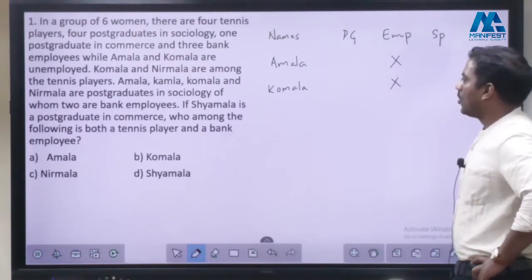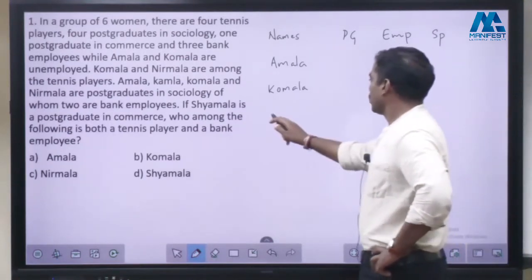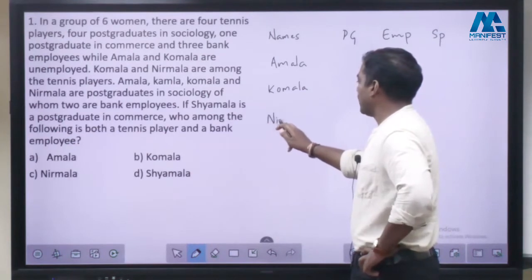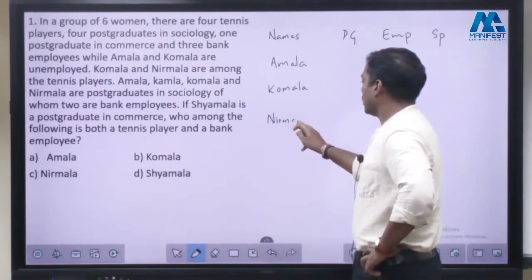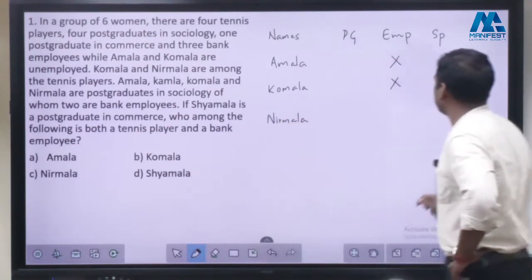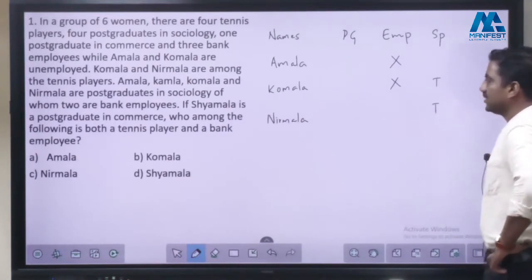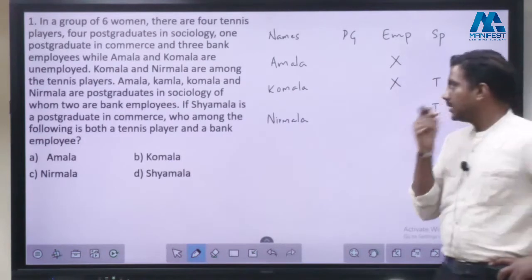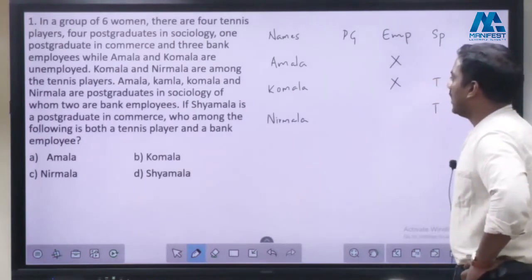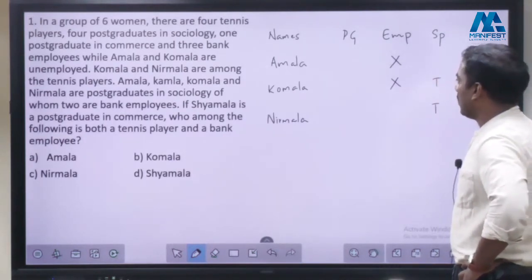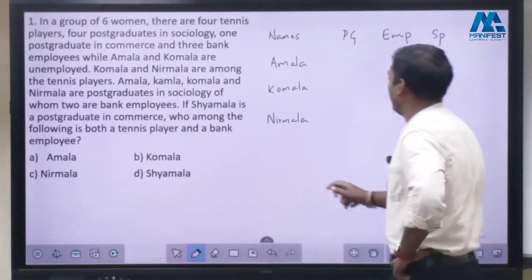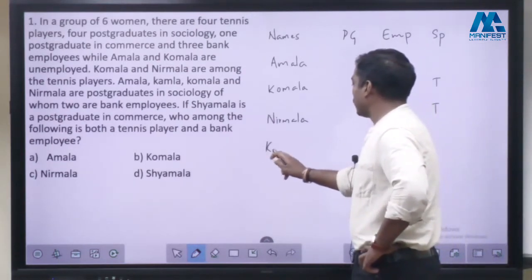Komala and Nirmala are among tennis players. Komala is already here. Don't write Komala again. They are tennis players. So with respect to sports, they are tennis players. Amala, Kamala, Komala and Nirmala. Wow. Very good. So now only Kamala I have to write.